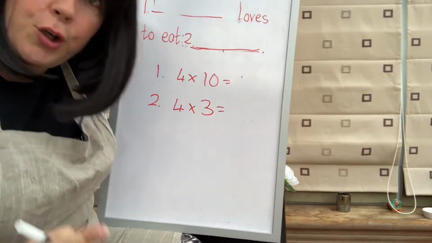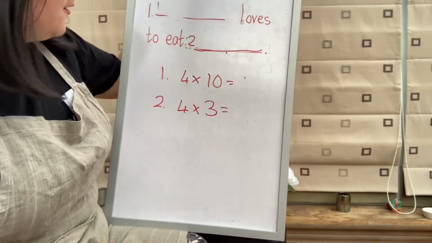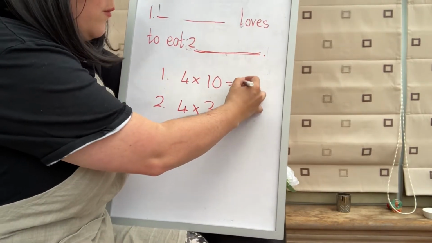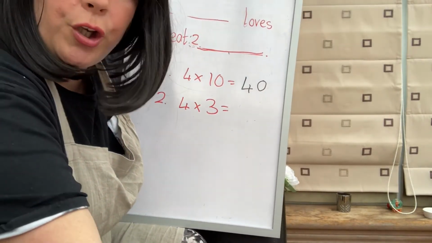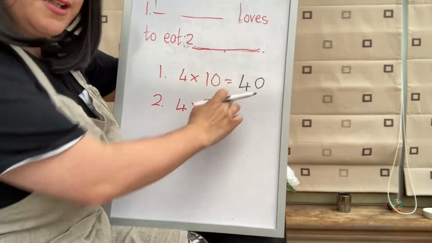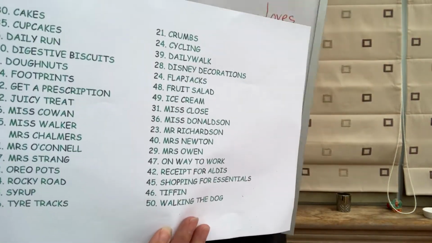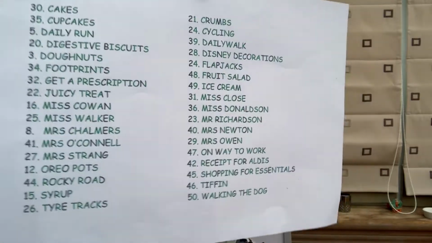Okay, so for you, I'm sure you're pretty good at this, wee whiz kids that you are. So we've got 1 is 4 times 10, okay? We've got 40. All right, so we have a look. Right, number 1, the answer to number 1 is 40. Let's have a look. Can you see? Is there anybody there or anything there that's number 40?